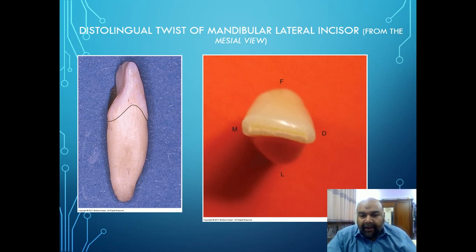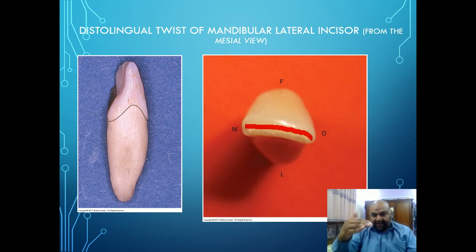Now, what is a distolingual twist? This is the incisal view of the mandibular lateral incisor. As you can see, the incisal edge, instead of being straight, curves a little bit distally and lingually, and this distolingual curvature of the incisal edge is known as the distolingual twist.